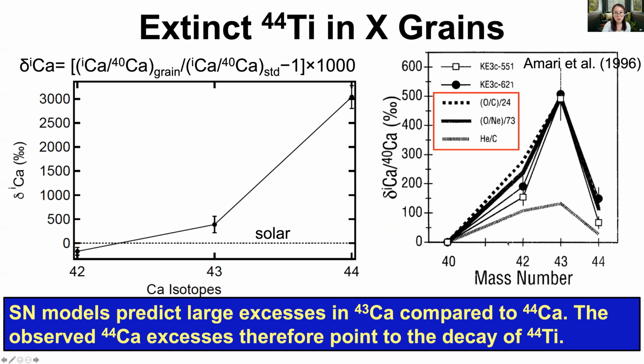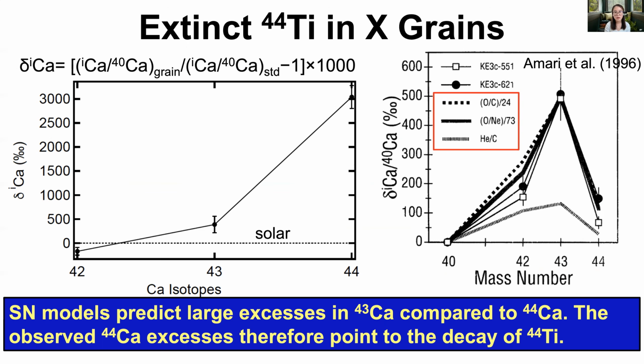So the calcium-44 excesses observed here can only be explained by the decay of titanium-44. And titanium-44, in other words, is the smoking gun that links X grains to type 2 supernovae.